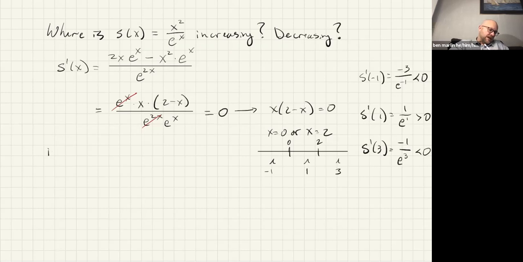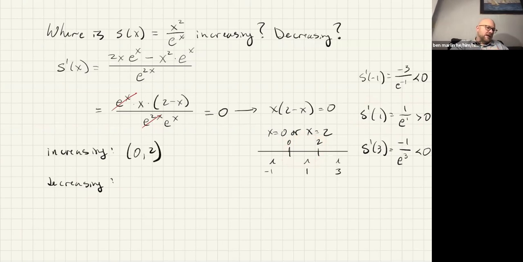So if we write down where it is going to be increasing and where it's going to be decreasing, for increasing, we choose where it's positive. That means our sample point of +1, which was in the interval from 0 to 2. So for increasing, we will just get the interval from 0 to 2.